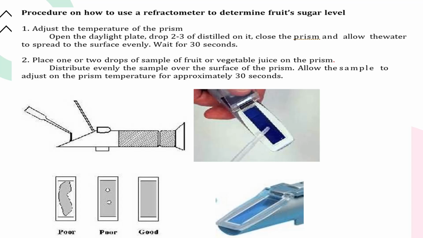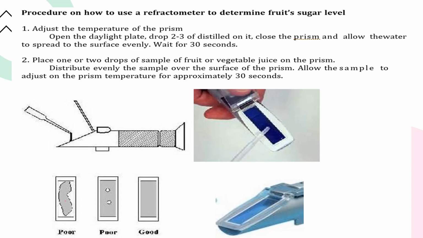Wait for 30 seconds. Place 1 or 2 drops of the same sample of fruit or vegetable juice on the prism. Distribute evenly the sample over the surface of the prism. Allow the sample to adjust to the prism temperature for approximately 30 seconds.